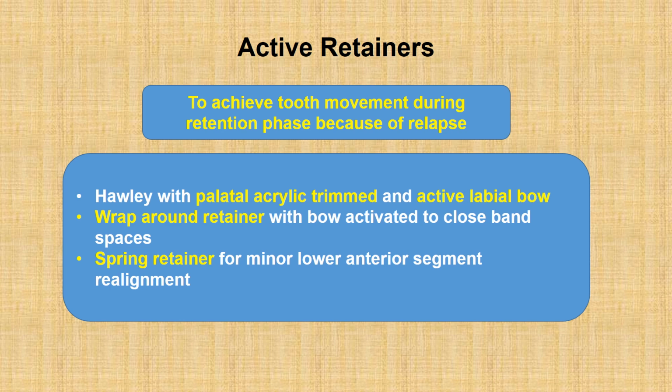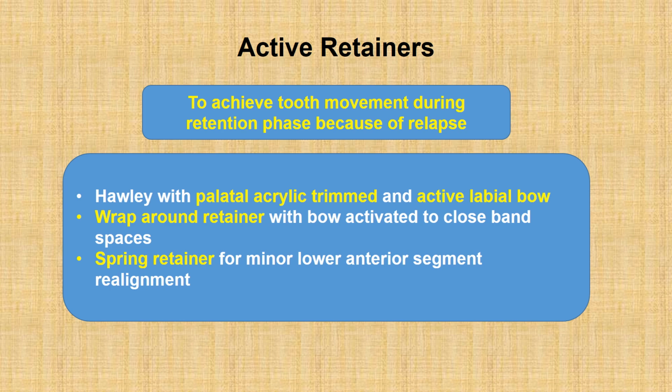The standard retainers are usually passive, meaning they do not put active forces to move the teeth. But retainers can also be active to achieve a small amount of tooth movement during the retention phase because of relapse.